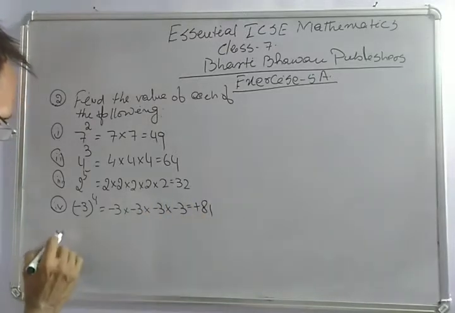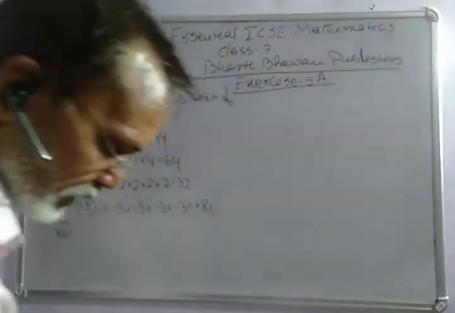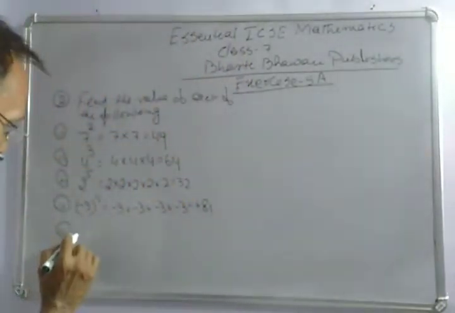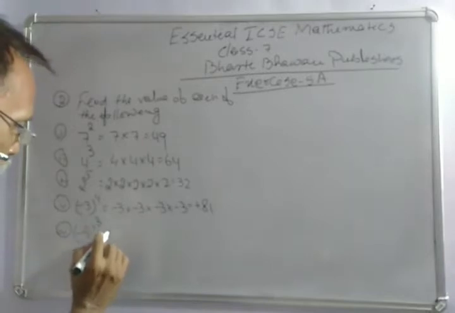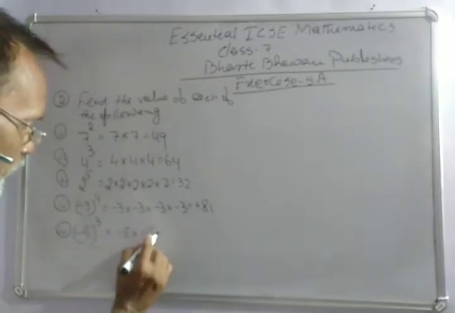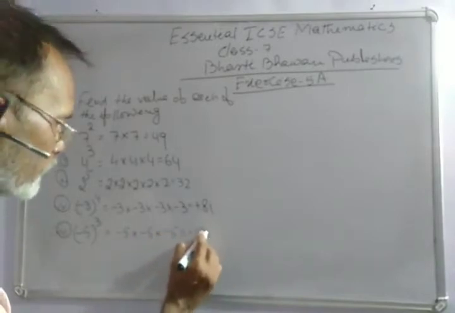Then number 5 is minus 5 to the power 3. So this is equal to minus 5 into minus 5 into minus 5. This is equal to minus 125.